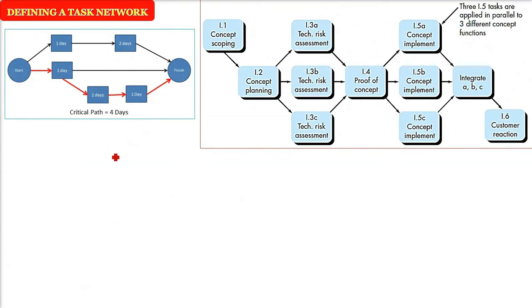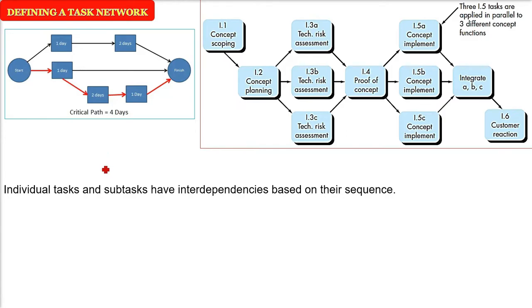Defining a task network. Now, what major task we have decided with respect to the scope. Now we have to make the task set, and this task set will give you certain results, the work product. But how are these tasks related? They are sequenced, they are in parallel, they are concurrent. One product is required for another.